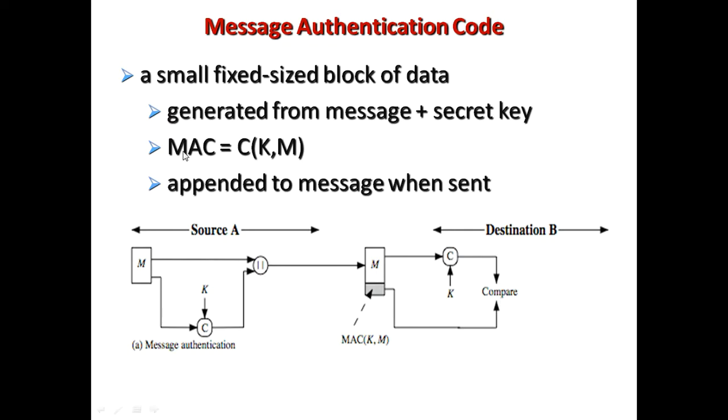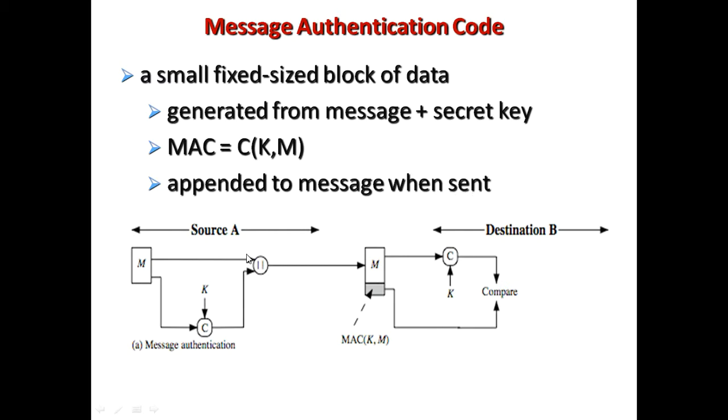So this means it is simply generated from the message plus the secret key. MAC is a fixed-size block of data, a code generated from the message plus the secret key. K is the secret key, M is the message, C is the MAC algorithm, and MAC is the code. The MAC code will be appended to the message when sent.